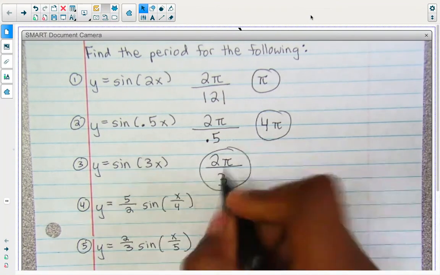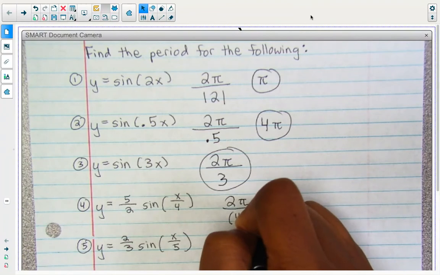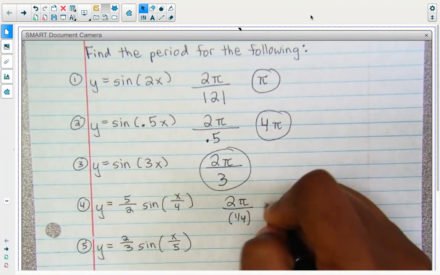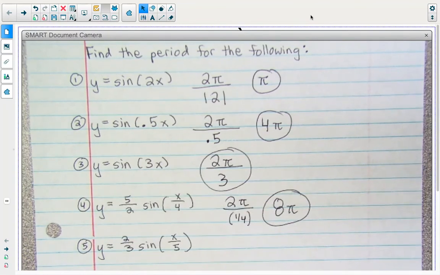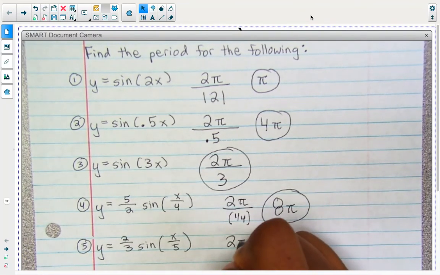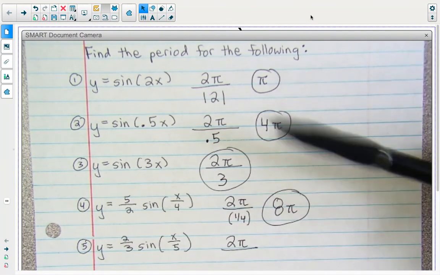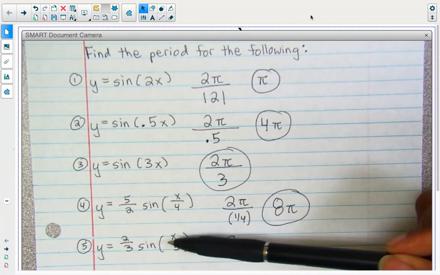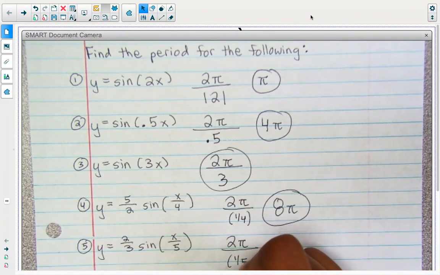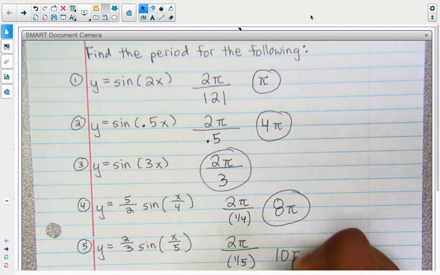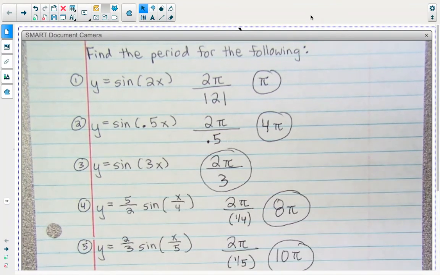B in this problem is 1/4. Mental math, or type that in Desmos, you get 8 pi. And the last one, 2 pi. Again, b in this case is 1/5, so I can rewrite this as 1/5 x. Mental math, or type in Desmos, and you get 10 pi.